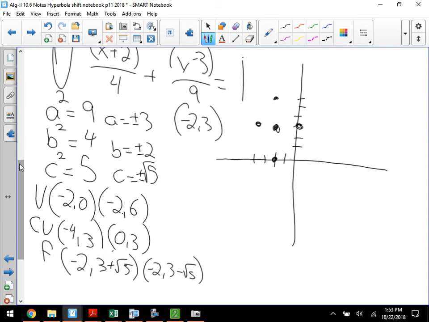Square root of 5 is a little bit more than the square root of 4. Put a couple of dots, and draw your ellipse. Are there asymptotes for ellipses? No.